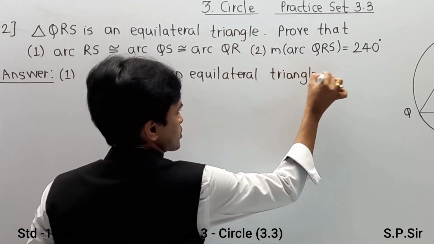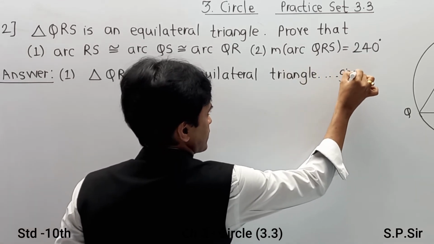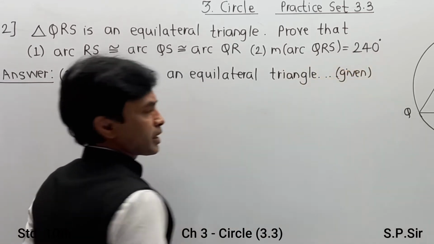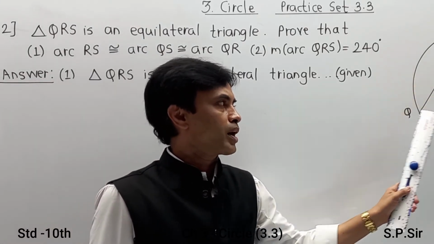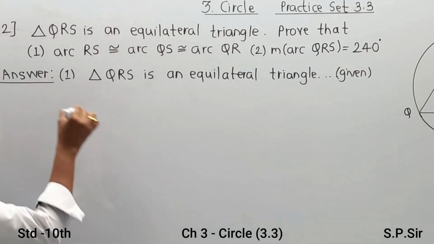It's given, so I'm going to write it as given. Next, if the triangle is equilateral, then QR is equal to RS is equal to QS.